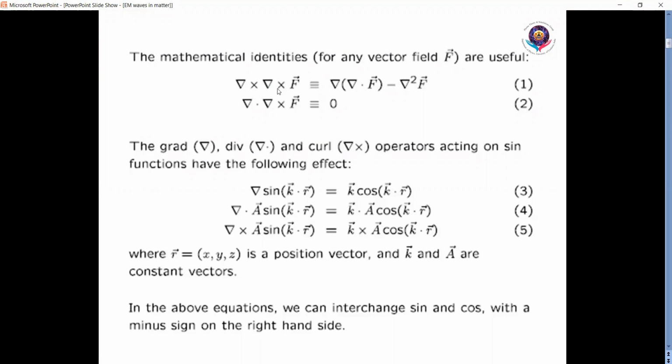These are operating on a vector quantity F. So the standard identity is that this is equal to the gradient of the divergence minus the Laplacian vector operator. This is a standard identity that you can use. And the second one is that the divergence of a curl is always 0.